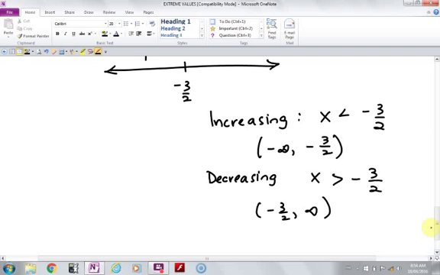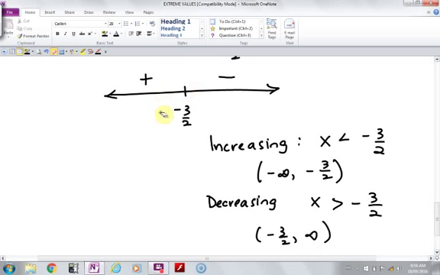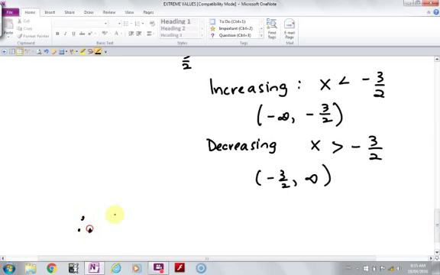Yeah. So if it is increasing on one side and decreasing on the other, what kind of extreme value is this? It's a maximum, right? Because it's increasing and then it's decreasing. So is negative 3/2 the maximum?